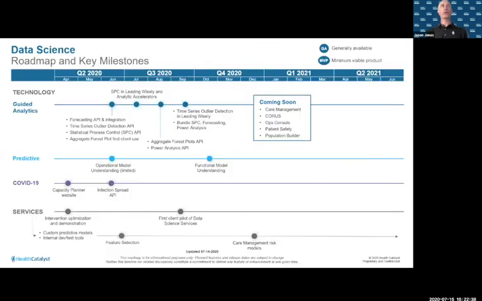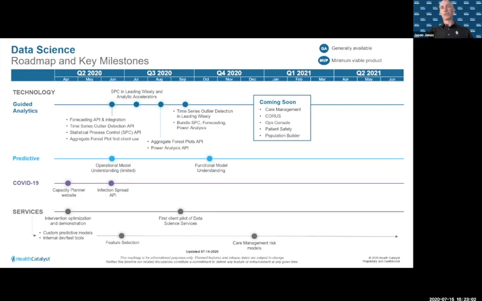Here's our roadmap. The part that I'll focus on most is at the top, because I'd like, especially for people who are technically oriented, to know that there are a host of capabilities in that guided analytics section that are available and increasingly becoming available to you. You can wrap these into SAM Designer. You can start to wrap these into your standard BI tools.